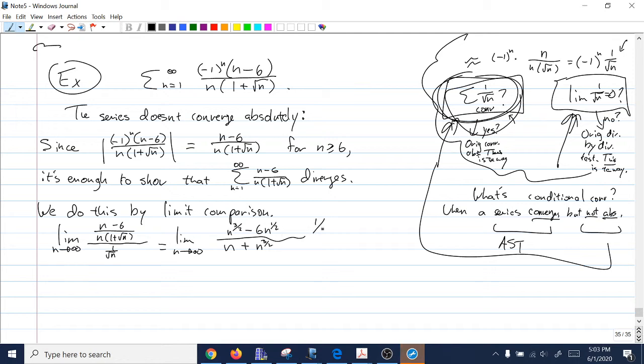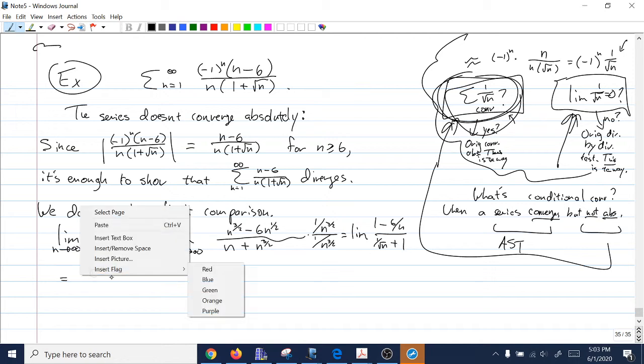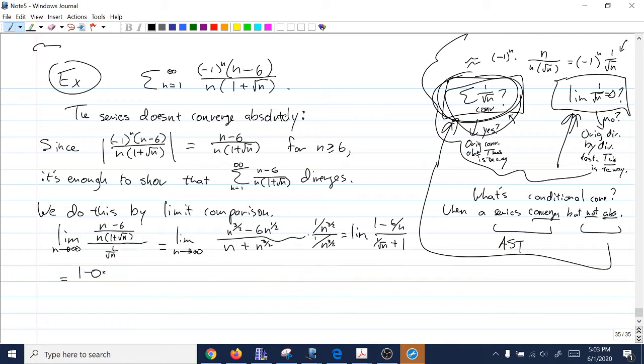I'm going to multiply the top and bottom by 1 over n to the 3 halves. I get the limit of 1 minus 6 over n over 1 over root n plus 1, equals 1 minus 0 over 0 plus 1, equals L equals 1.